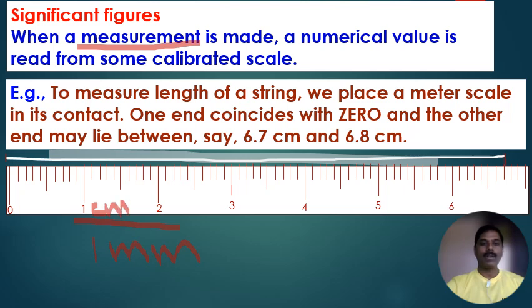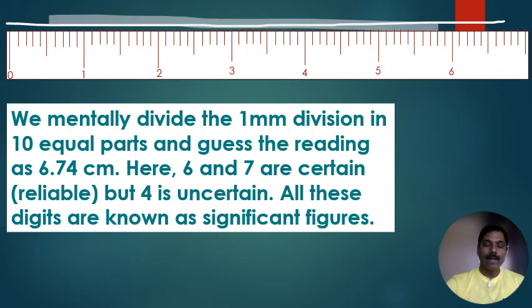So this is a meter scale which is graduated in millimeters. The marked number here represents 1 centimeter, this one is representing 2 centimeters. In that sense, this is 6 centimeters and 7 centimeters is somewhere here. When we keep the meter scale this way and try to measure the length of the string, we mentally divide the 1 millimeter division, here, into 10 equal parts and guess the reading as 6.74 centimeters.